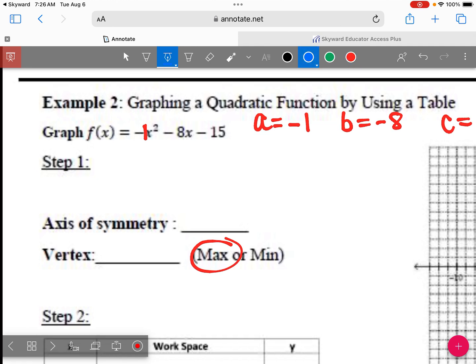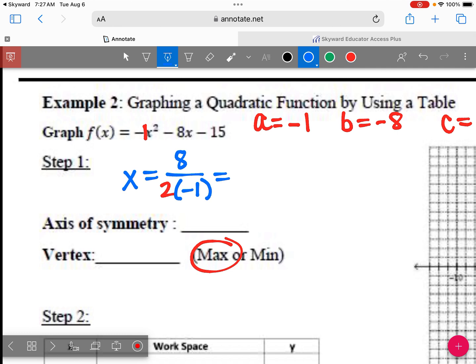So let's find the axis of symmetry. X equals, you always flip the sign. You see how this says -8? We're going to flip that to the opposite, which would be +8, and divide that by 2 times A. So go ahead, pick up your calculators.